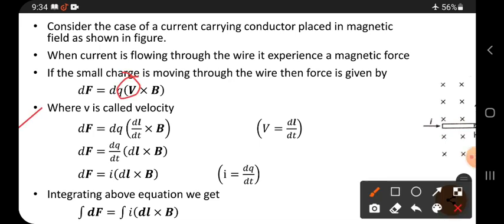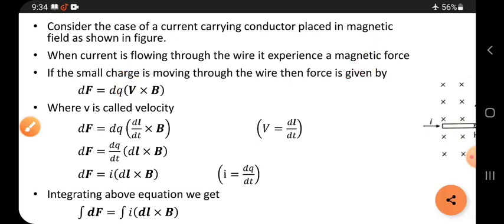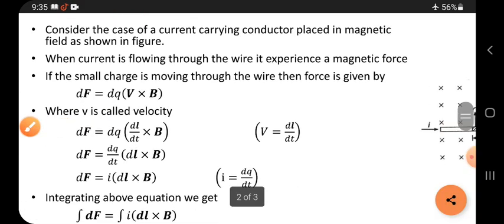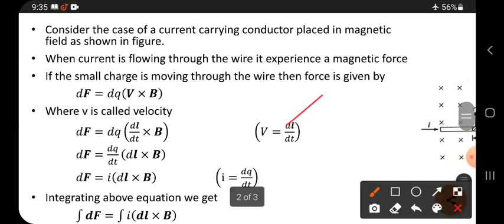Here v means the velocity of the charge carriers, and velocity can be written as distance by time. Here in the diagram a small length is taken, so the small length is dl, and velocity is dl by dt, distance by time.